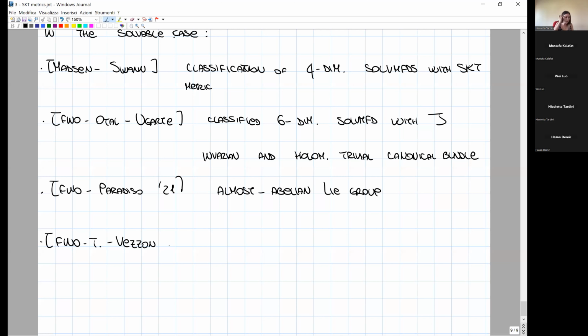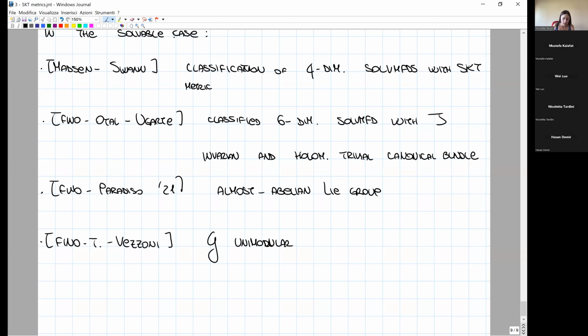So with Fino and Vezzoni, we proved that, in fact, maybe you start with a Sol manifold. Suppose that you have G, a unimodular Lie algebra, which is not a strong assumption because in the end I want to construct a Sol manifold, and unimodularity is a necessary condition.